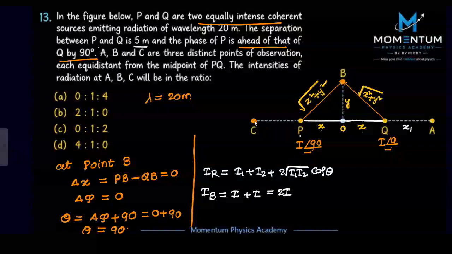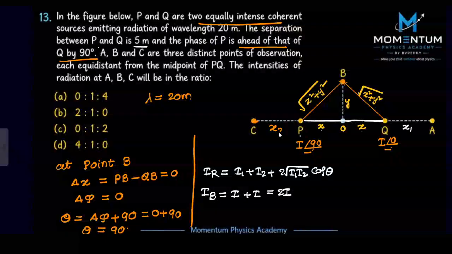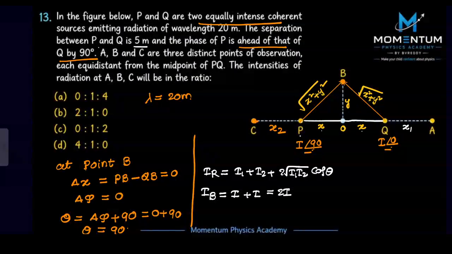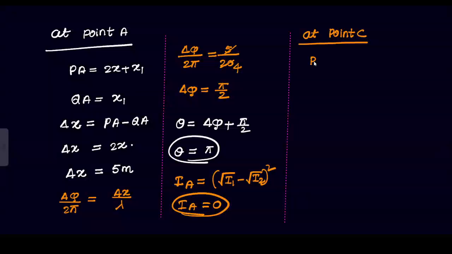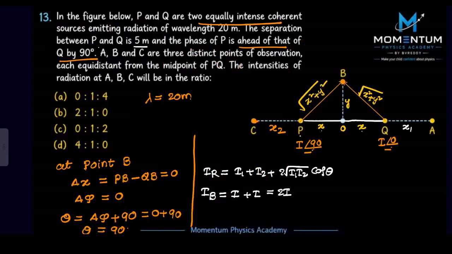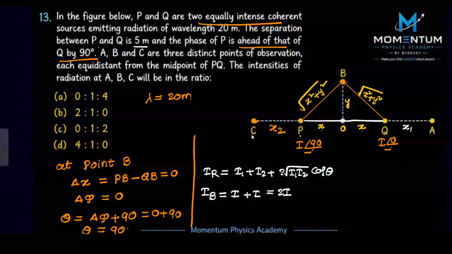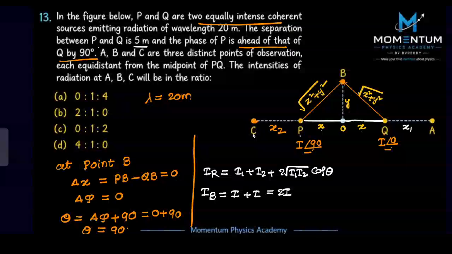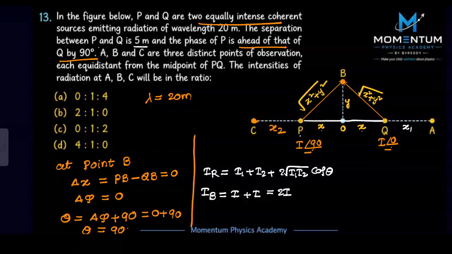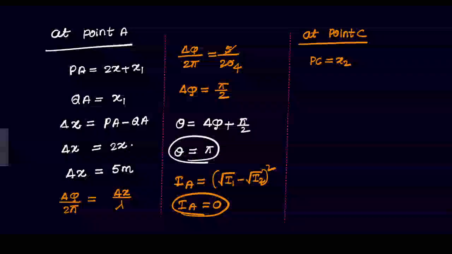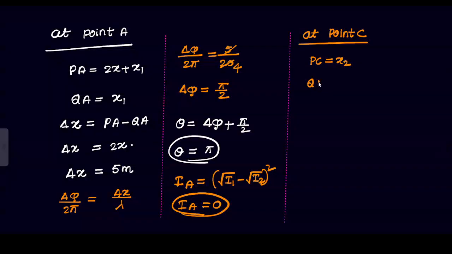If I call the distance P to A as x2, how much is the P to C distance? The PC distance is x2. Next, Q to C: the QC distance is 2x plus x2.